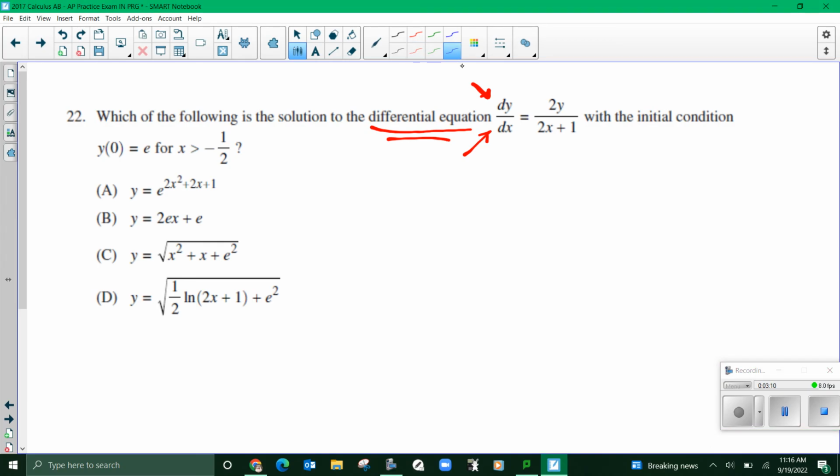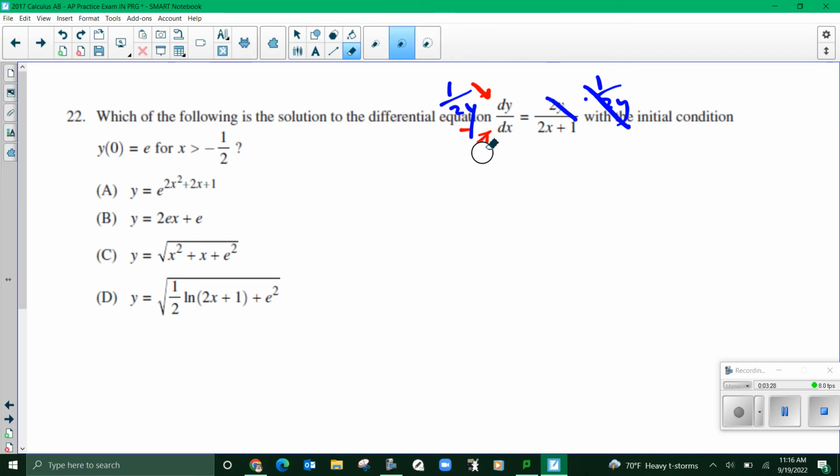The first thing I'm going to do is multiply this side by 1 over 2y and multiply this side by 1 over 2y. So now this cancels with this. Okay, and on the left side, now I need to get rid of the dx because I only want my y and dy here.